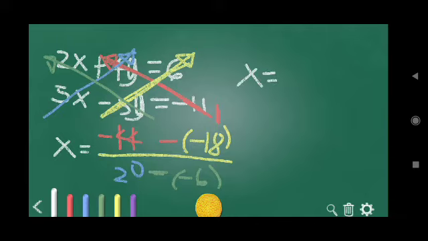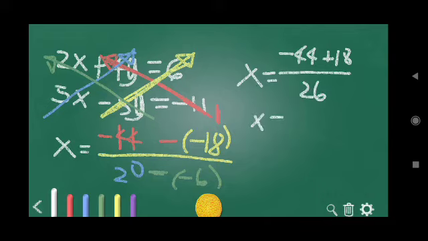You have negative 44 plus 18 over 26. Now negative 44 plus 18 gives you negative 26, over 26, that gives you negative 1. So your x here is negative 1.